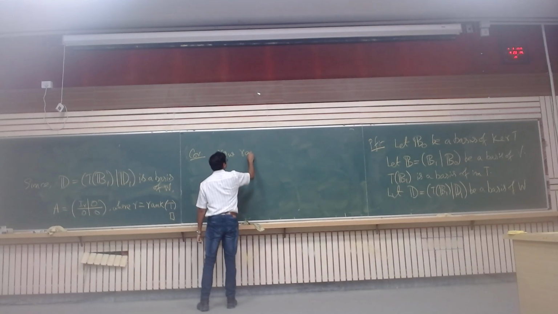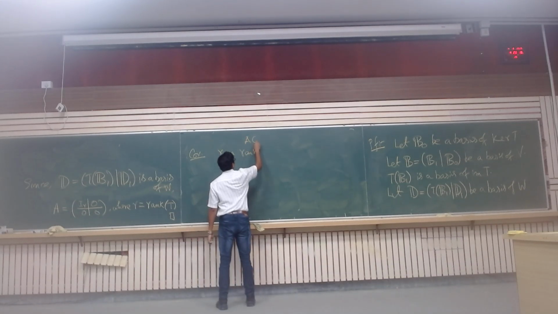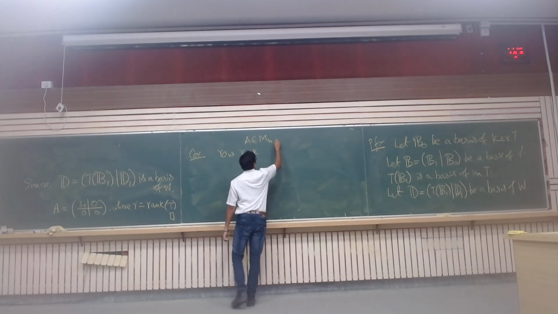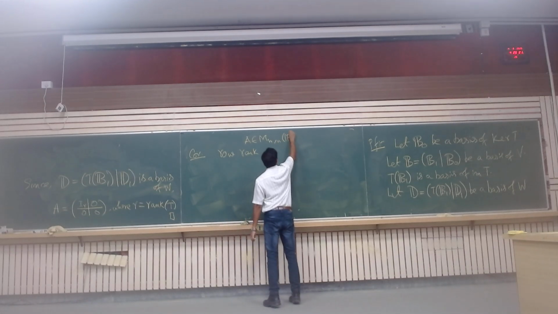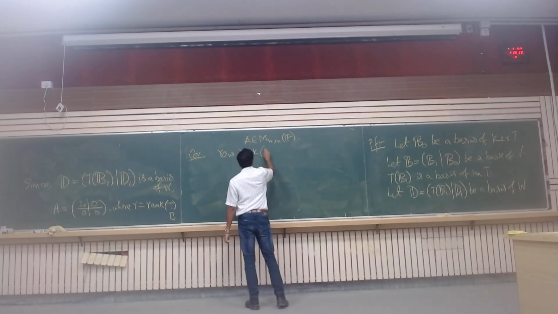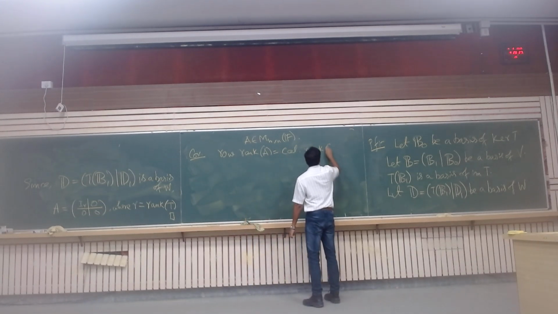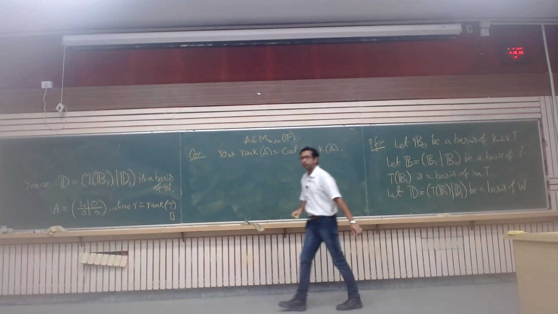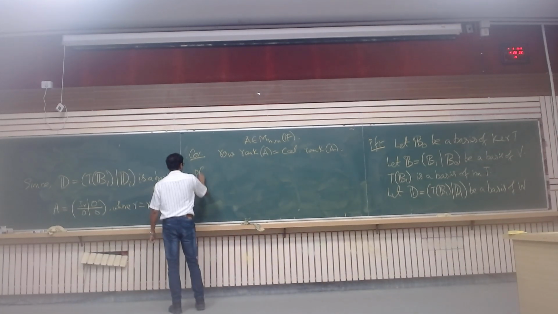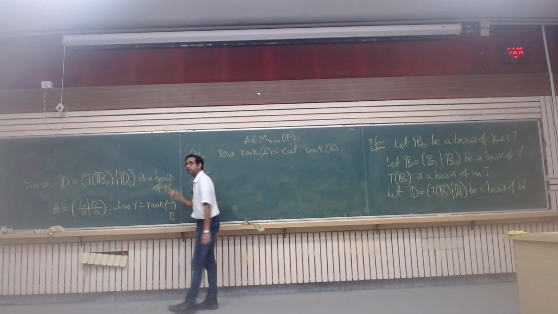Let A be an M cross N matrix over a field F. Then row rank of A is equal to column rank of A. How do we prove this? The proof is just 2 lines when we use this one.